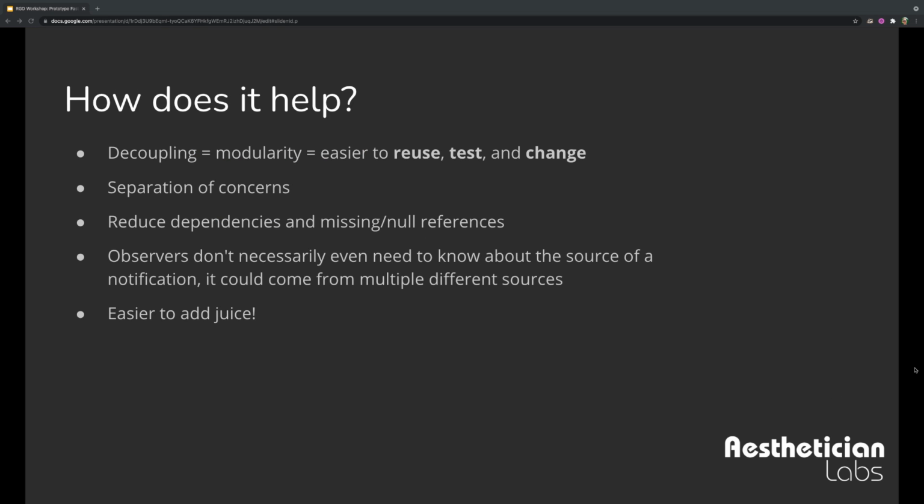So to reiterate, this helps because it allows you to decouple systems and make them more modular, so they're easier to reuse, test, and change. Those are core principles of rapid prototyping: don't waste your time writing code that will inevitably tie yourself or somebody else up in the future.